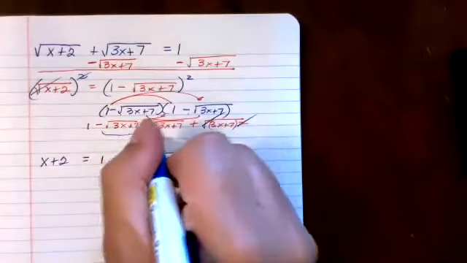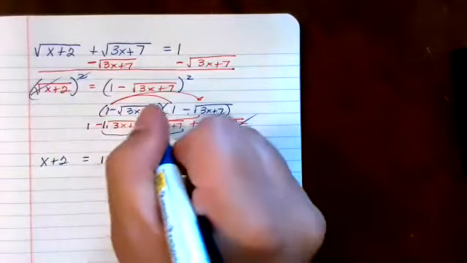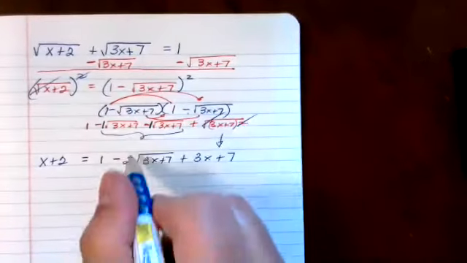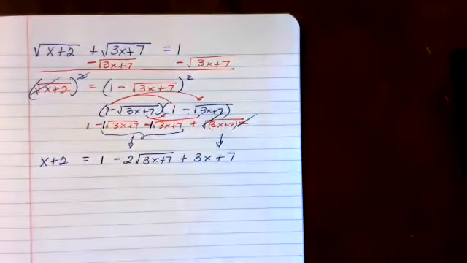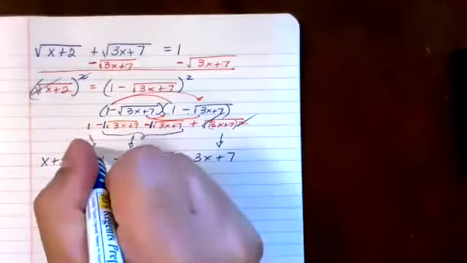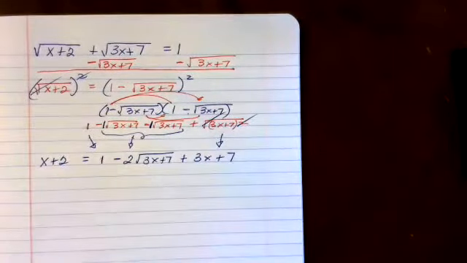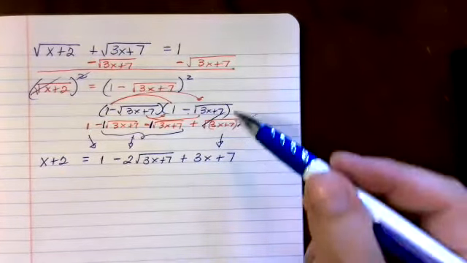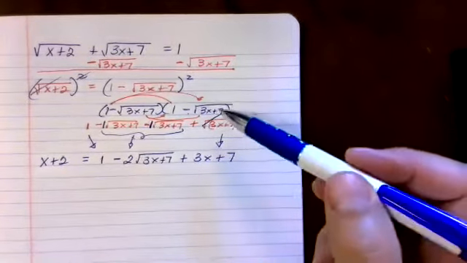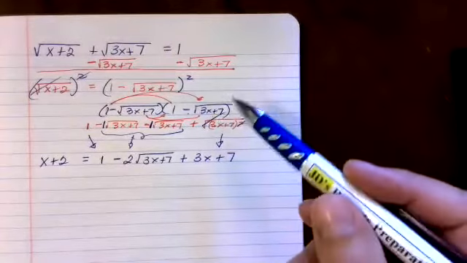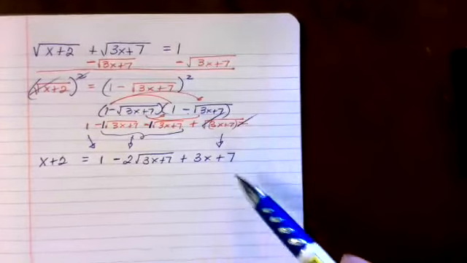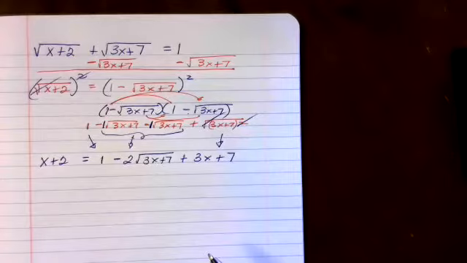Here I combine my like terms. I have a -1 and a -1, which gives me my -2 radical 3x plus 7, and my 1 comes down as well. So you could do it this way, which is fine, but sometimes with more work like this, you could make a careless error.